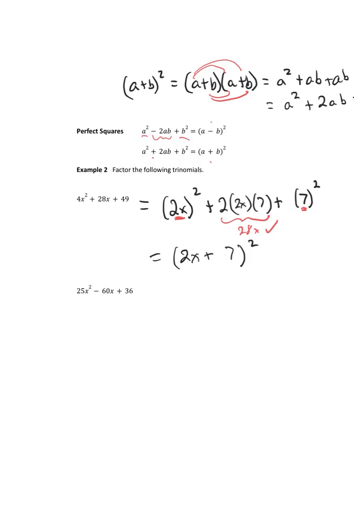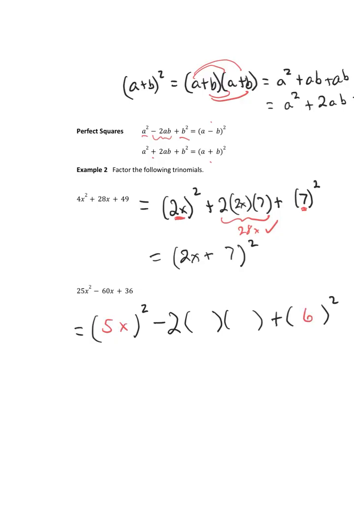Let's try this last one here. Again, start with the first and last terms, right? Because it needs to be something, and notice it's minus 2 times something, something, plus something squared. This is the structure that this is supposed to fit. So the first term looks like a 5x being squared.